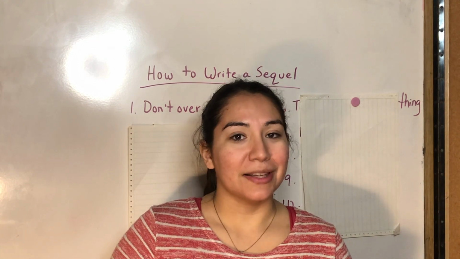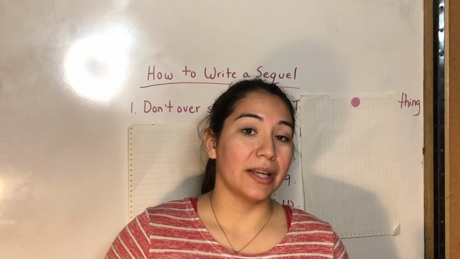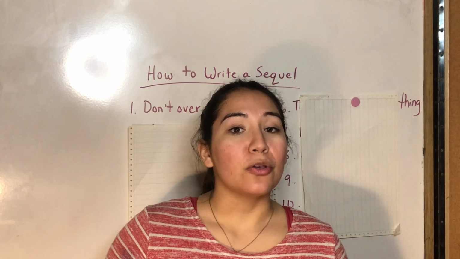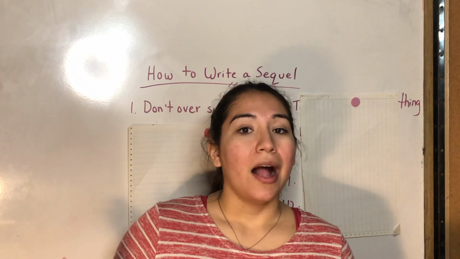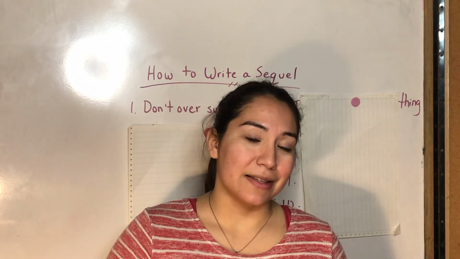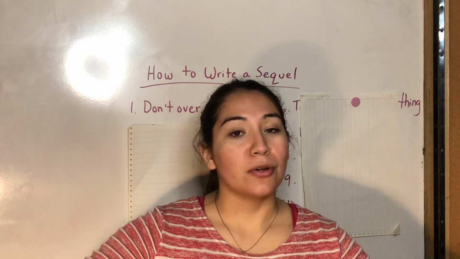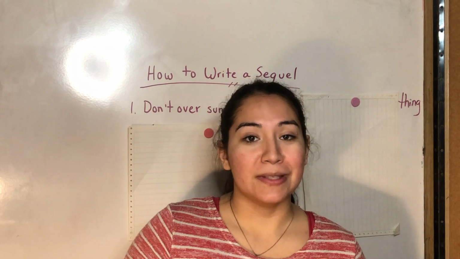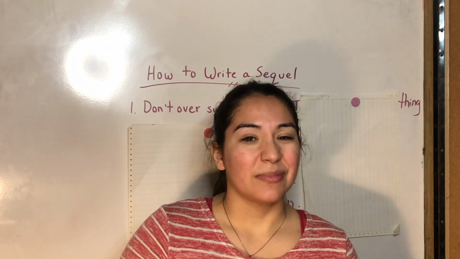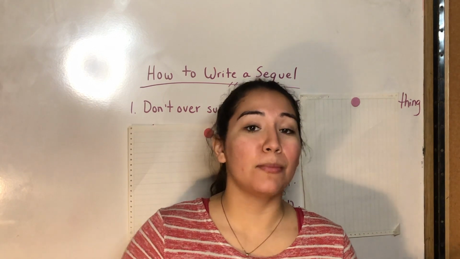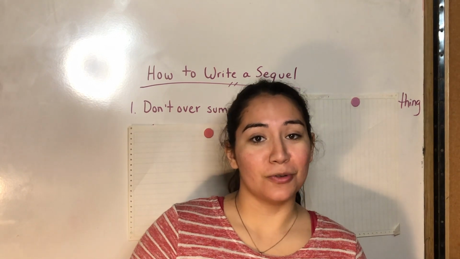I'm going to go into it a little bit later, but your sequel really should be able to stand on its own two feet. So you can give backstory when the time is necessary for them to know something about your character from the first novel, but don't overdump, don't over summarize at the beginning. When that happens, you've lost the reader, you've lost the interest, you've lost the momentum to launch into your new story.